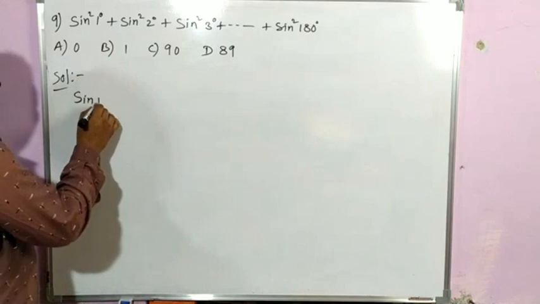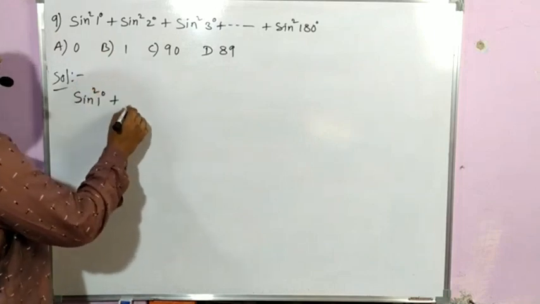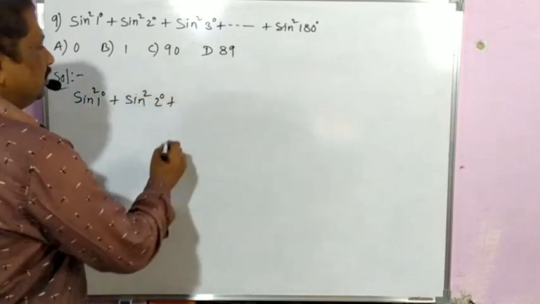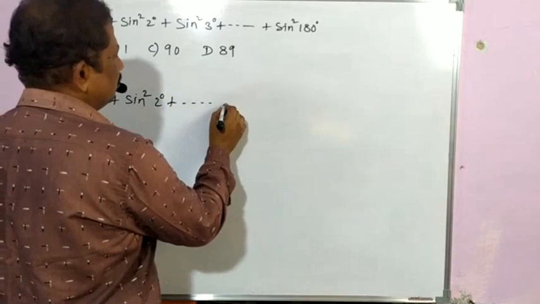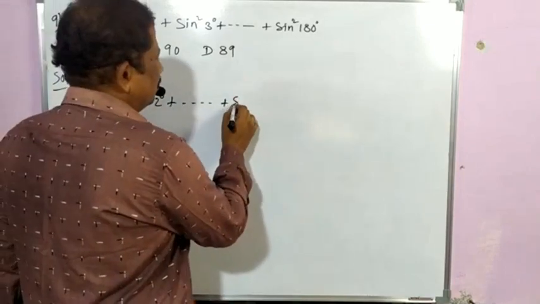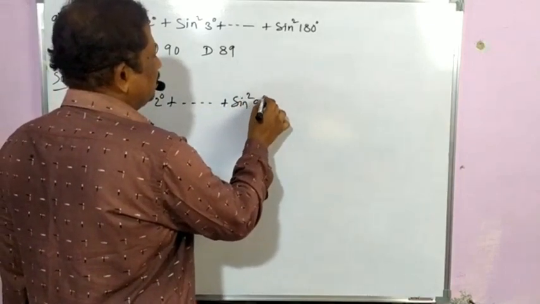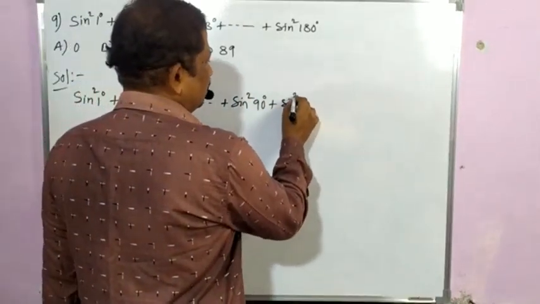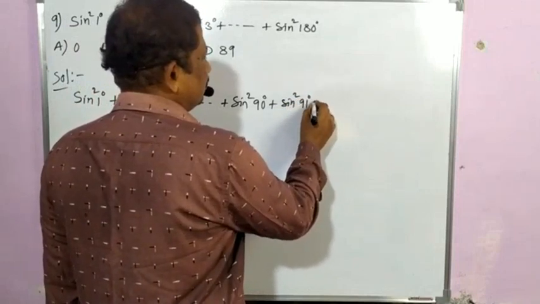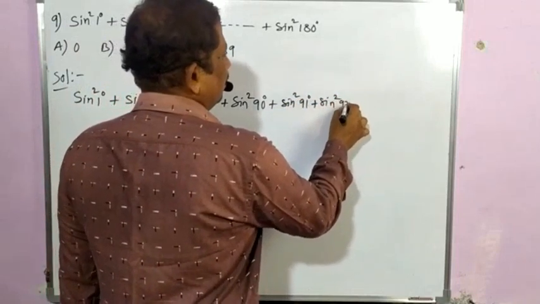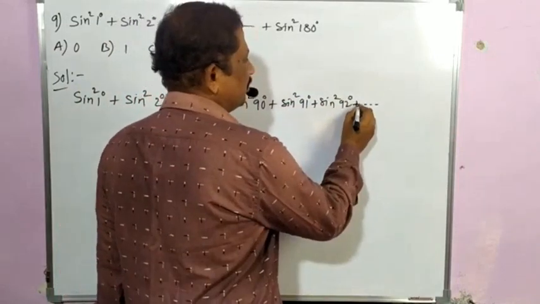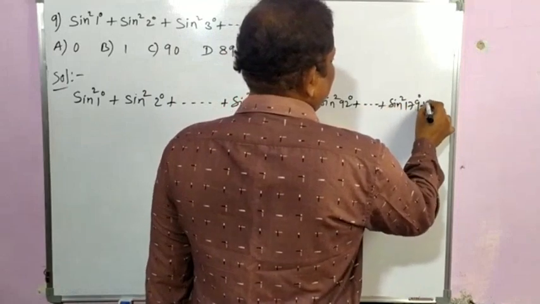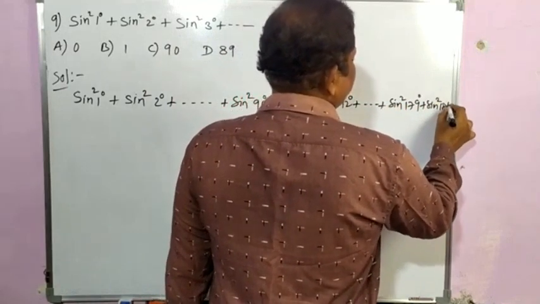Sine square 1 degree, sine square 2 degrees plus so on, sine square 90 degrees plus sine square 91 degrees plus sine square 92 degrees plus so on, sine square 179 degrees, sine square 180 degrees.